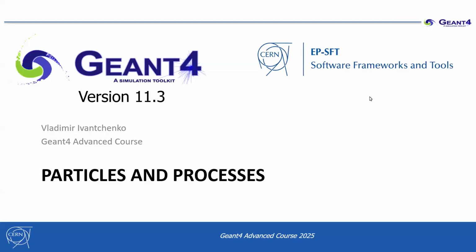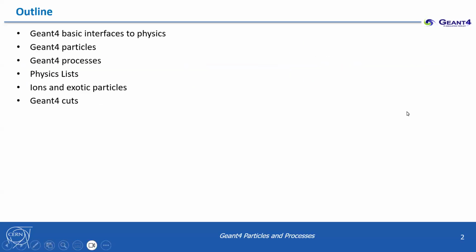Okay, today we should discuss how physics is implemented inside G4. It is particle and process interfaces. We have several topics for today: G4 basic interfaces to physics, particles, processes, physics list, ion and exotic particles, and G4 cards.